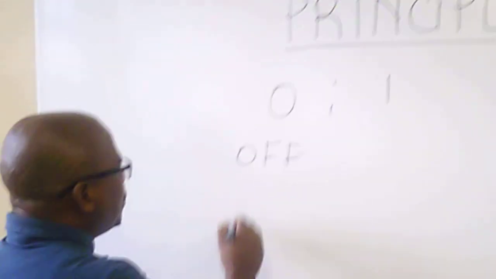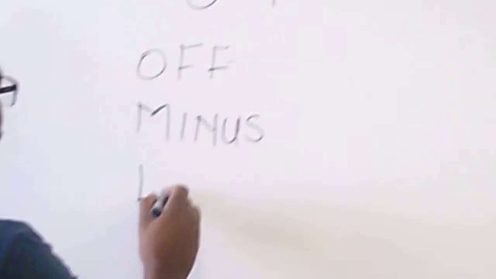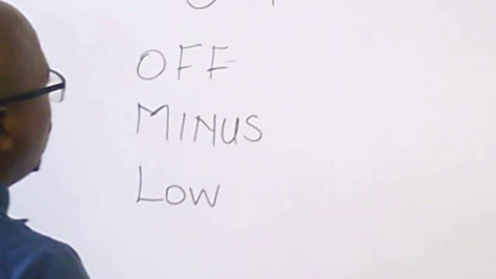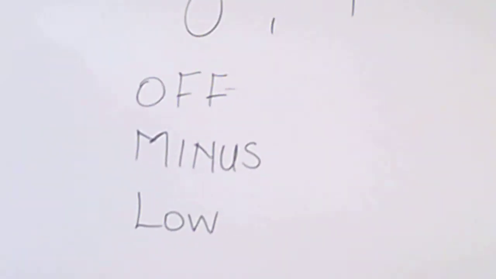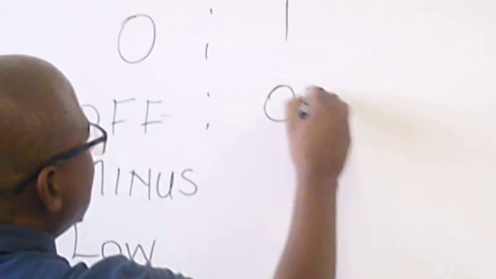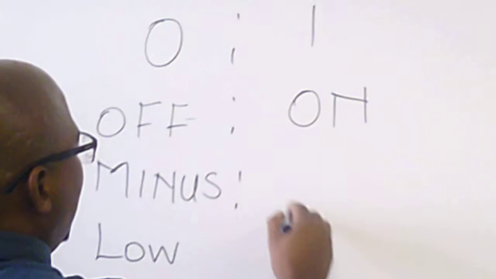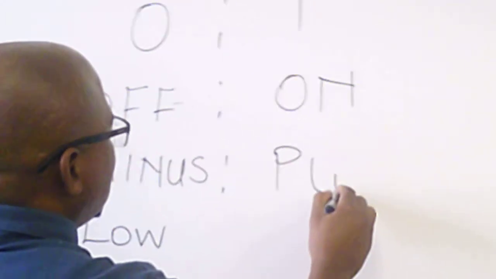It means minus. It also means low. While 1 will mean on, means plus, means the high.